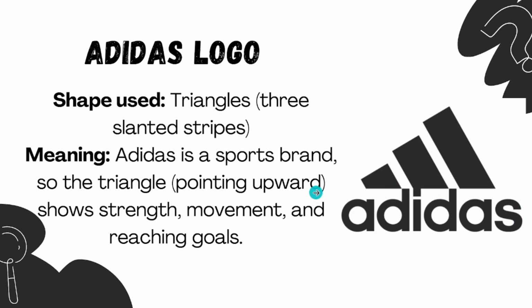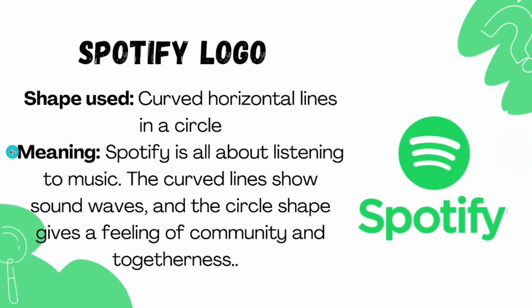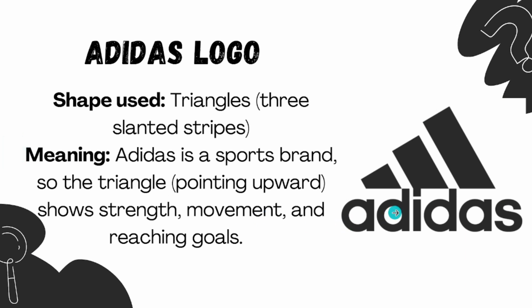Adidas is a sports brand, so the triangle pointing upward shows strength, movement, and reaching goals. We said that a triangle means movement and strength. That is what we discussed in our triangle shape when we were getting to understand the psychology behind triangles. So they want to incorporate strength, movement, and reaching of goals in their logo.